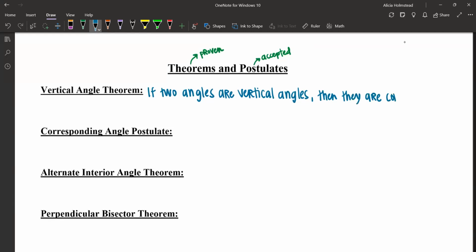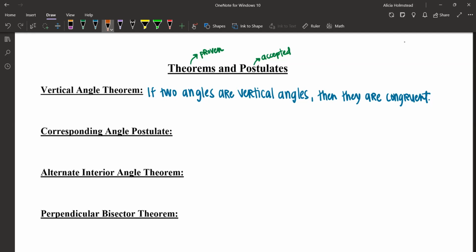So that was a definition that we were using on our homework problems, but it is a theorem that somebody proved that two angles that are vertical angles are congruent.